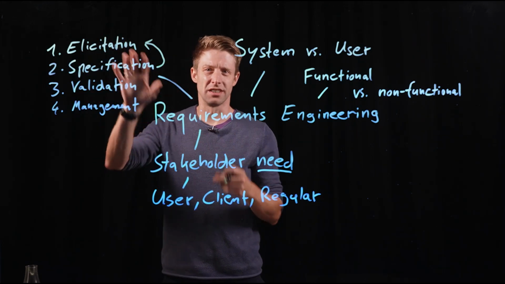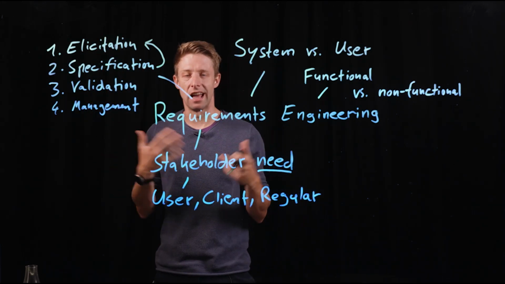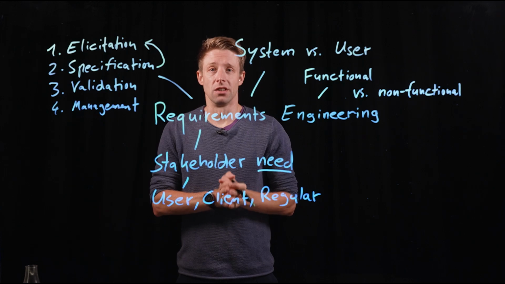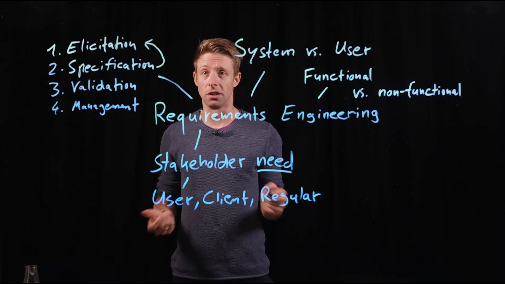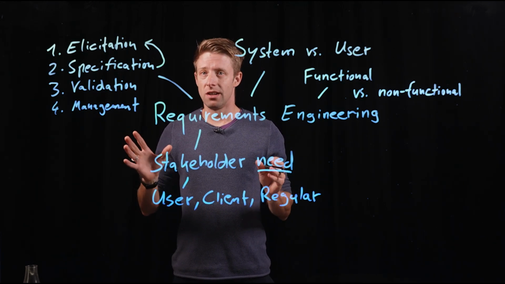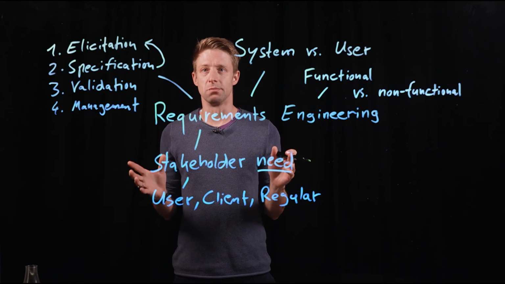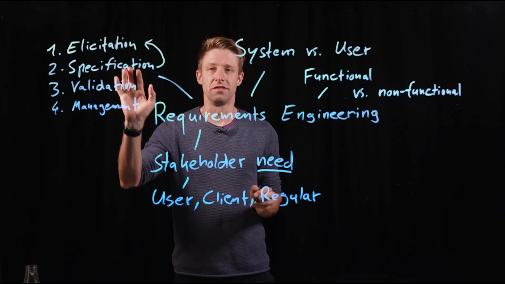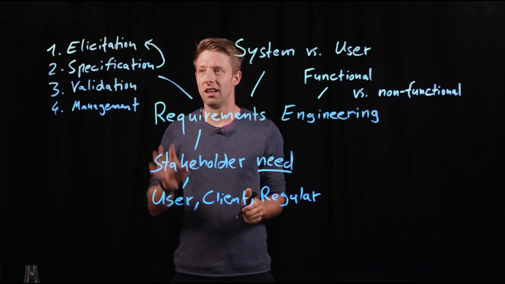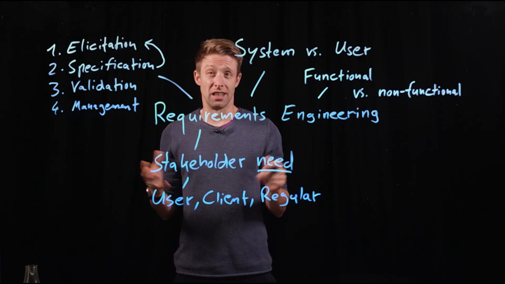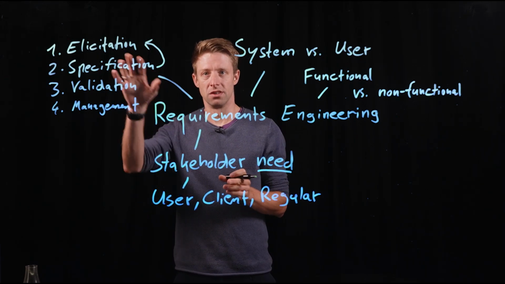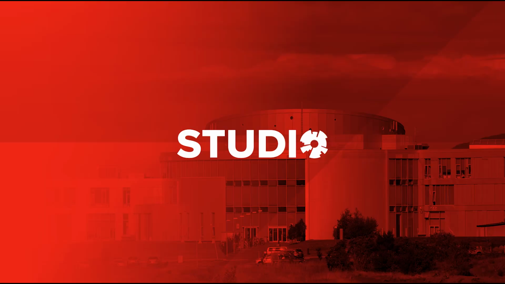So this is not a sequential process. This can happen in any order. And this also depends a lot on how you develop your software, how the process looks like. Now, in the remaining videos in this module, we will look into each of these activities in more detail and describe what is necessary, what is problematic in those different activities.